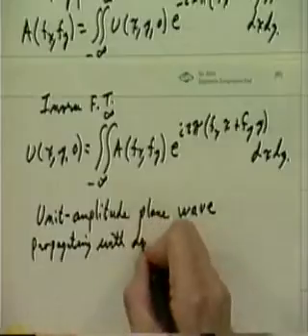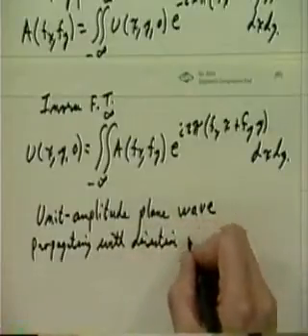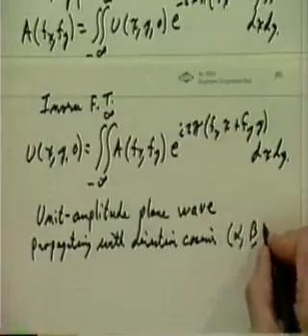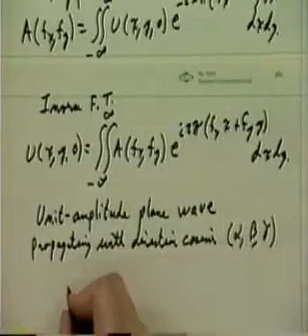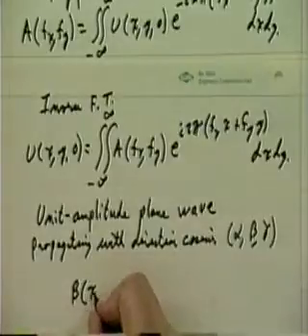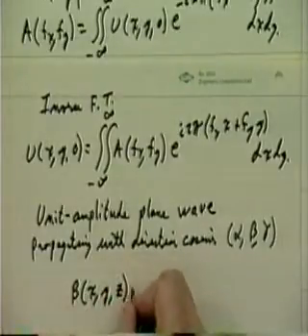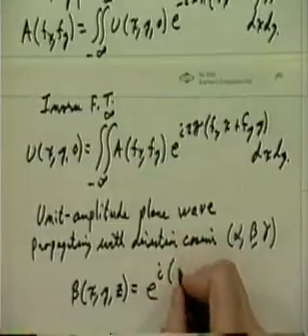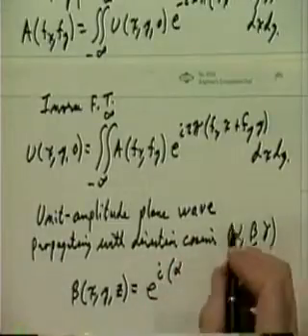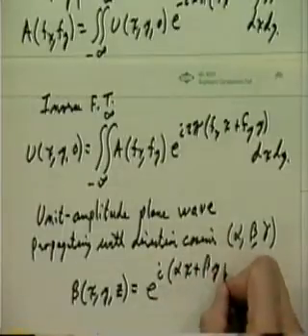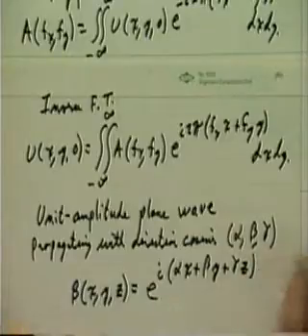And so we could write this field B of x, y, and z as e to the ik times (alpha x plus beta y plus gamma z).